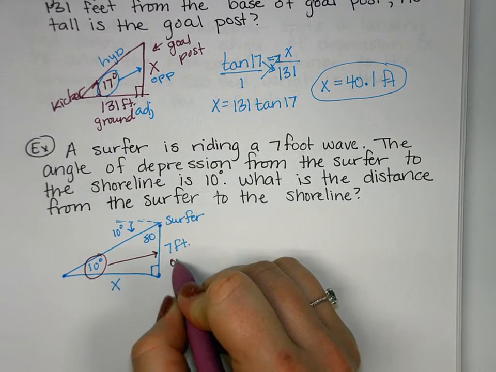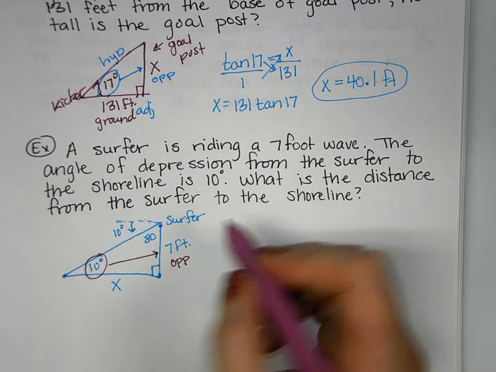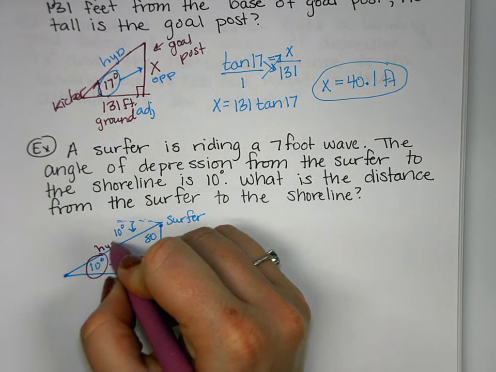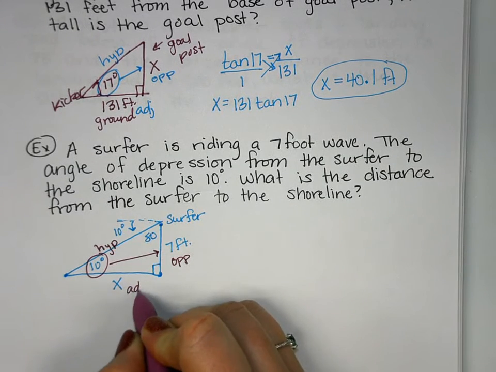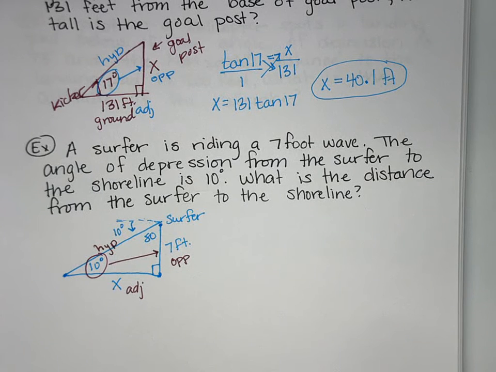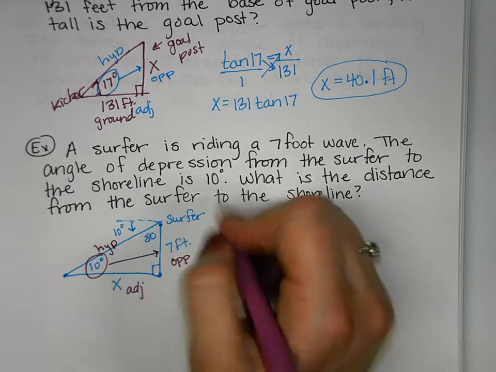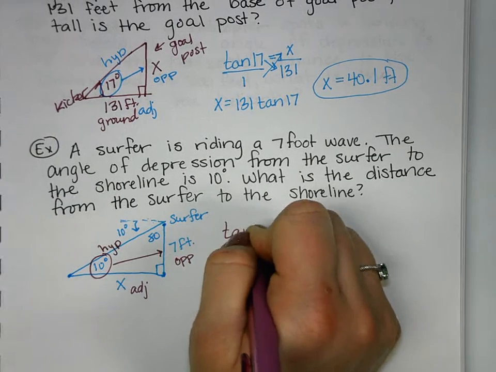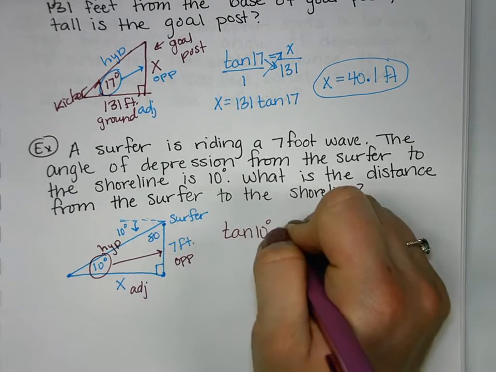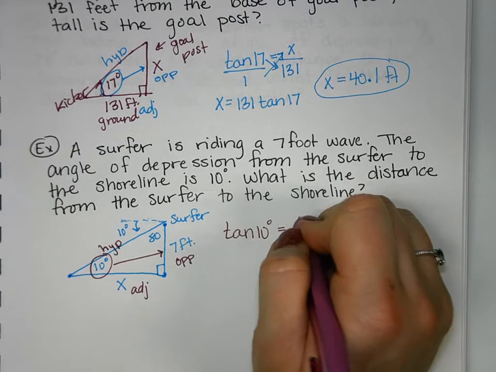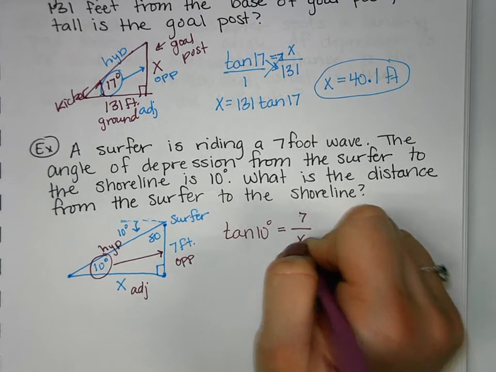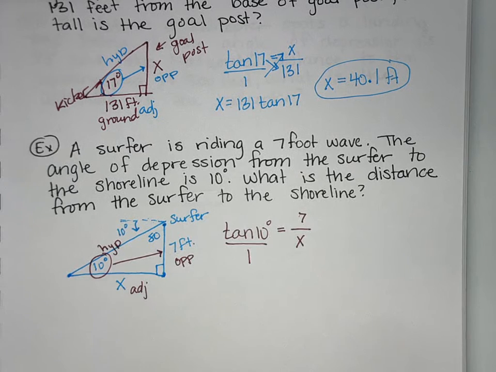Okay, so we have our opposite of 10, we have our hypotenuse, and we have our adjacent. So what trig function are we going to use? TOA, tangent. Tangent of 10 degrees is equal to opposite over adjacent. Put the tangent over 1 and cross multiply.